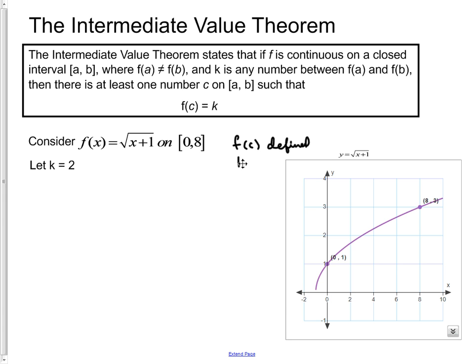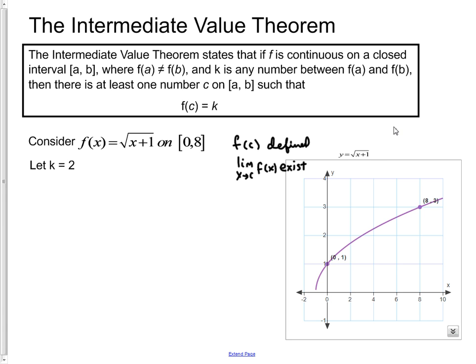Also, at every point c within this interval, the limit as x approaches c of f of x exists, including at the endpoints. Now, there might be some argument about the endpoints of our interval, but we can look at the endpoints as one-sided limits instead.